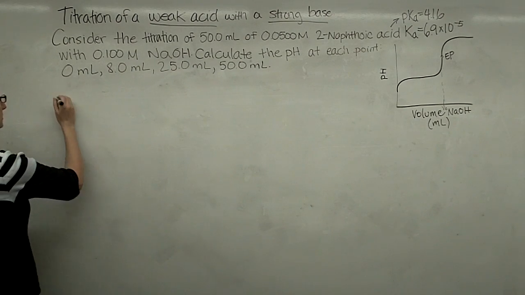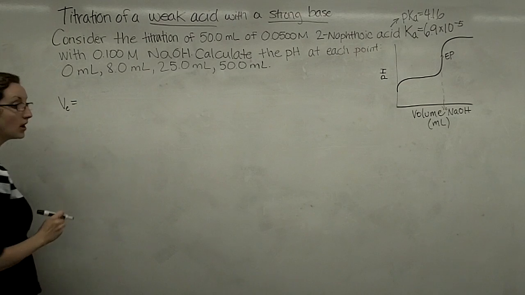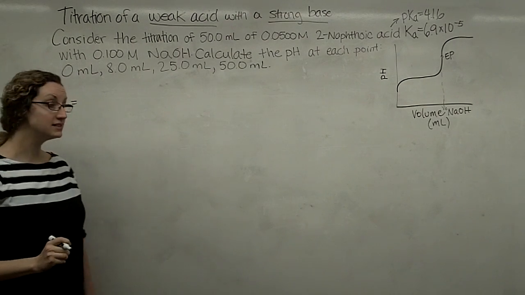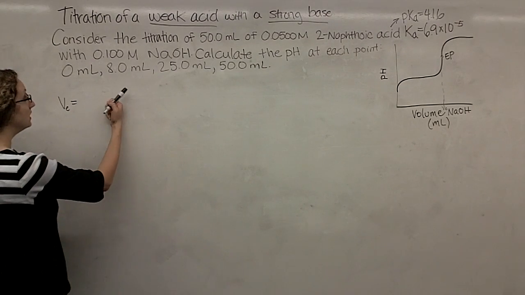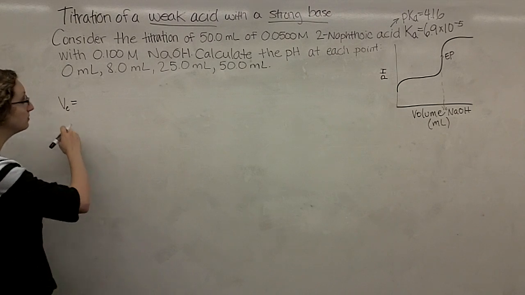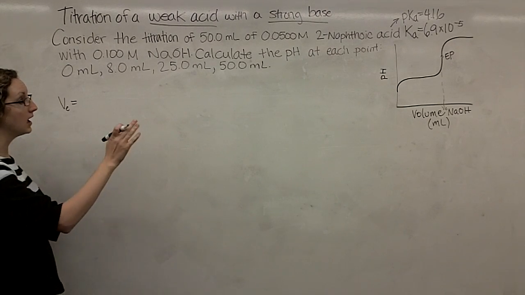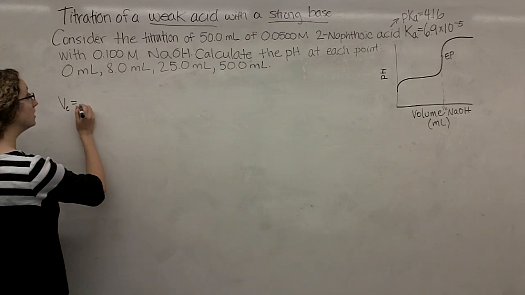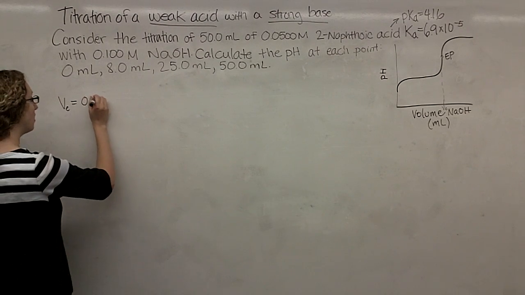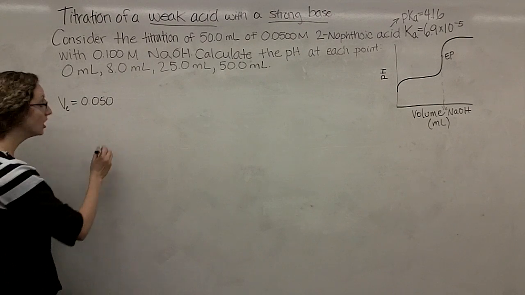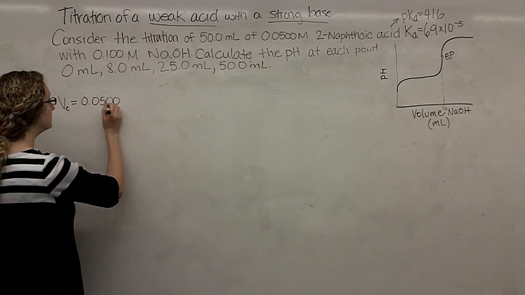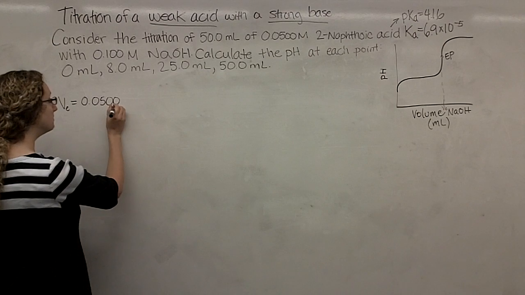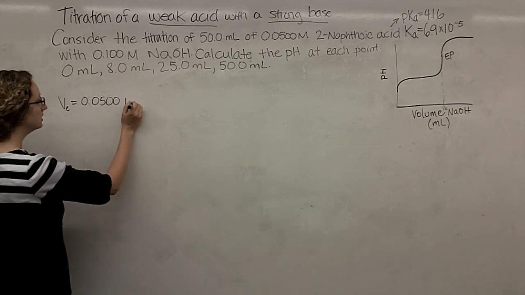Now let's find the volume at the equivalence point. It is the volume of base required to fully react with the acid. To do that, we use the volume in liters of our acid that we added, which is 50.0 milliliters converted to liters.